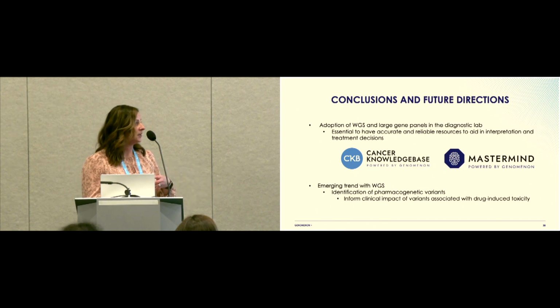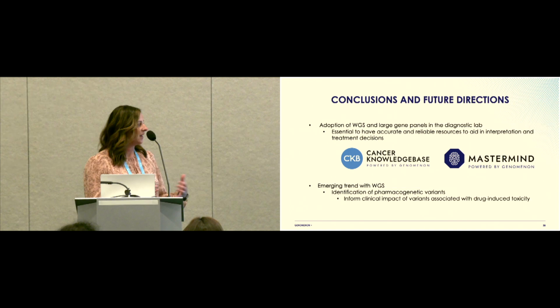And really, using the two, they very much complement one another in terms of germline information as well as somatic information in CKB and the actionability. So if we look to the future, or looking at emerging trends with whole genome sequencing, one thing we just wanted to mention was that we're starting to see more and more studies coming out based on the identification of pharmacogenetic variants.